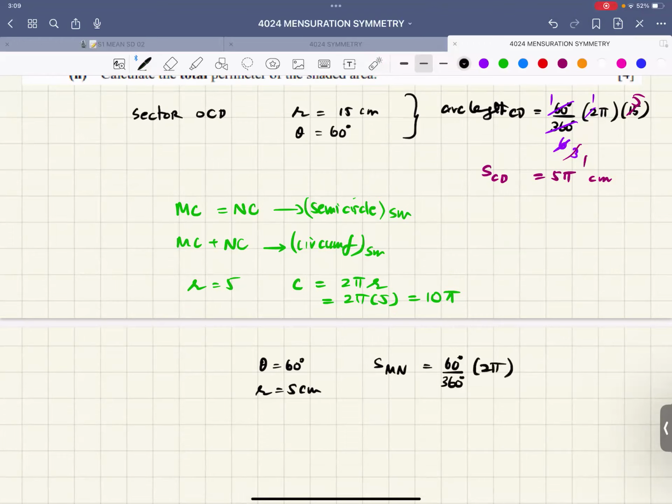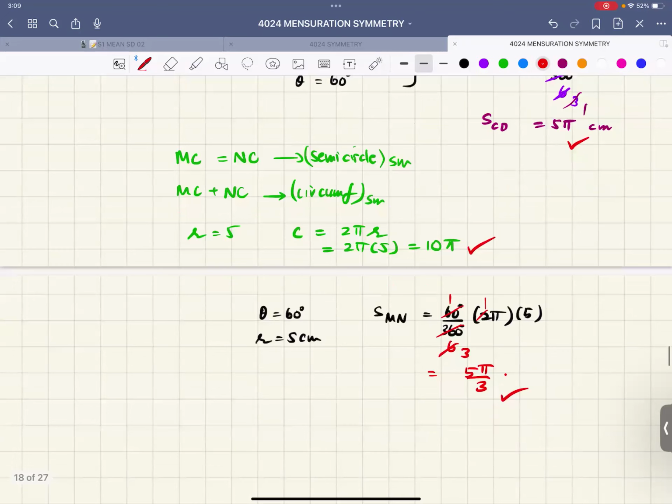So 2 pi into 5. So again, this comes out to be 5 pi over 3. We have this, this, and this. So therefore, the perimeter is 10 plus 5 plus 5 over 3.